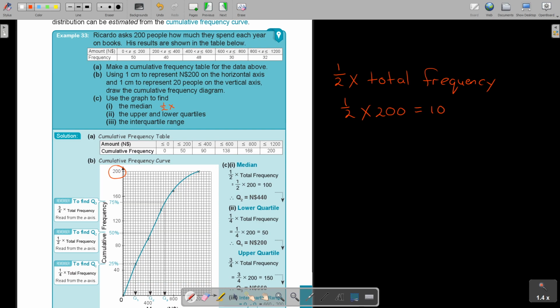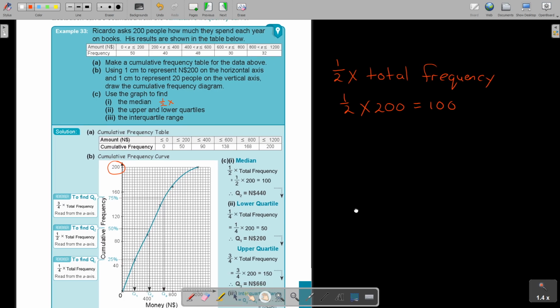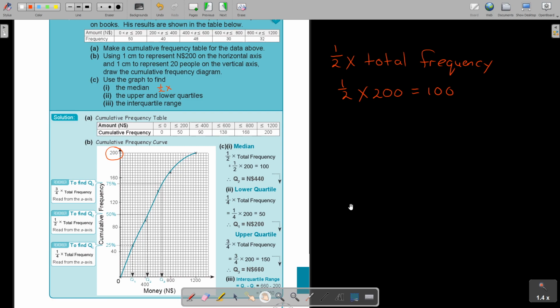That's just the place where you are going to read it from. So now I'm just going to take my ruler, and it's going to give me that 100. So this is the 100. And where it cuts, I go down. And then I read it down, and that's 440. That is my median.